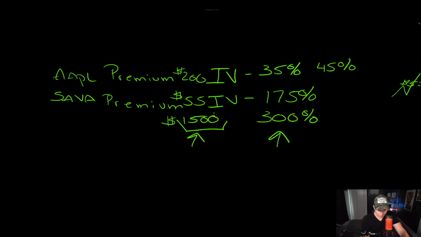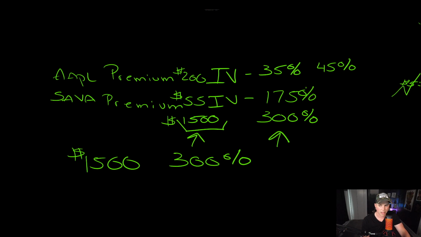Now, IV crush occurs when we have a $1,500, or whatever the price of this contract is. We have huge implied volatility. And then we get that certainty back. So now we find out that actually the stock is going to be FDA approved, but maybe the FDA approval is not going to happen for another year.